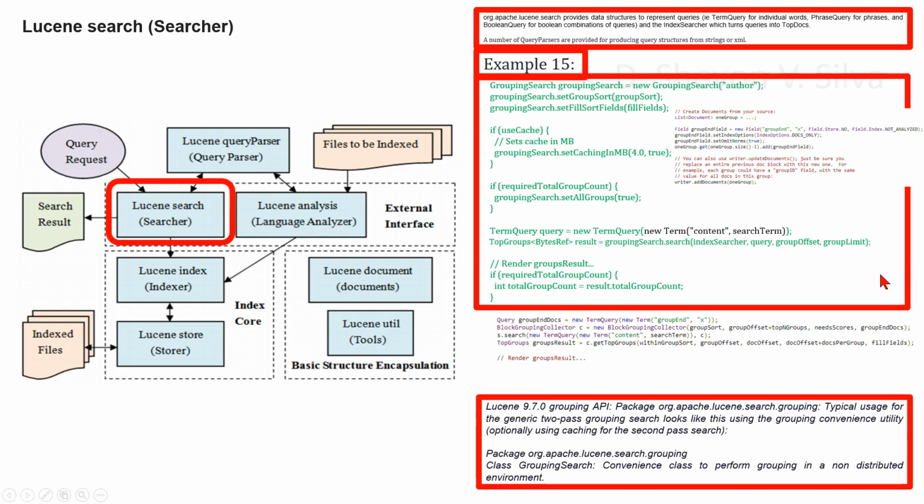A typical usage for a generic two-pass grouping search looks like this, using the grouping convenience utility, optionally caching for the second pass search.